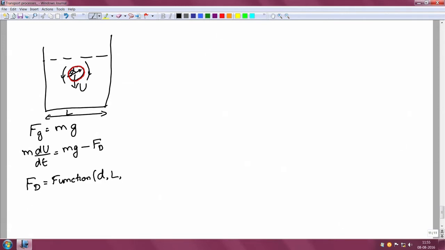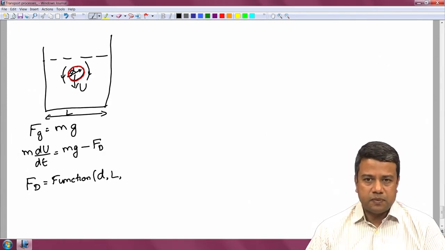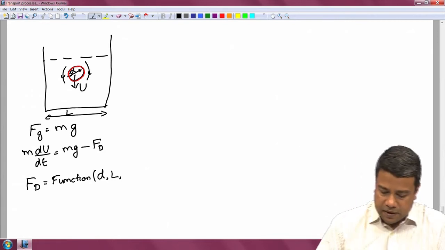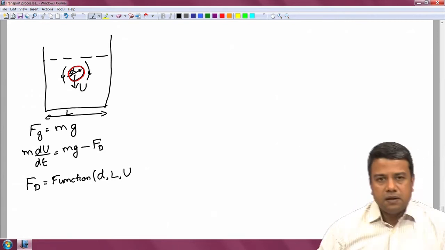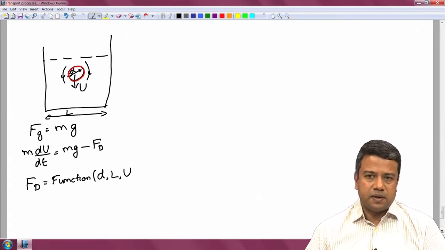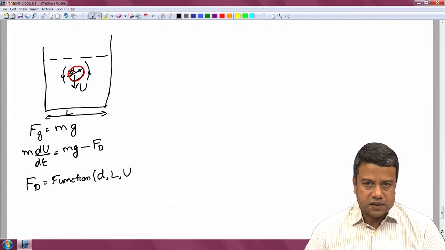And then it has to depend upon the fluid properties, because this drag force is exerted due to the fluid flow around the particle. Therefore, the drag force has to depend upon the fluid properties. First thing, it will of course depend upon the velocity. You would expect that as the particle moves faster, there is going to be a greater drag that tends to resist its flow.